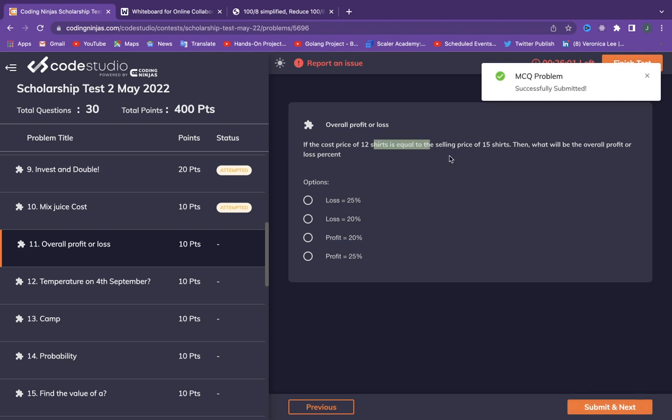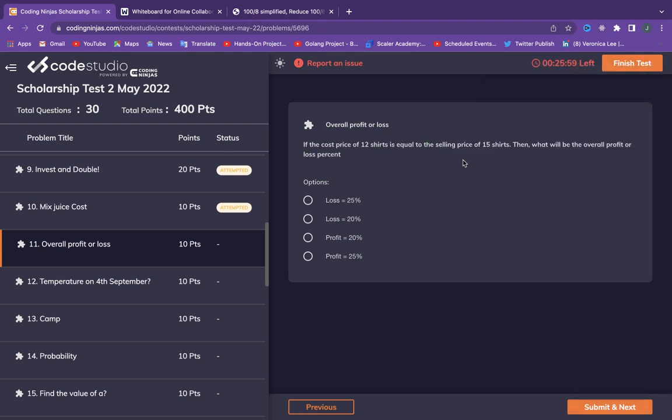Cost price of 12 shirts is equal to the selling price of 15 shirts. Then what will be the overall profit or loss percentage? See, the cost price is more than the selling price. That means we are incurring a loss.